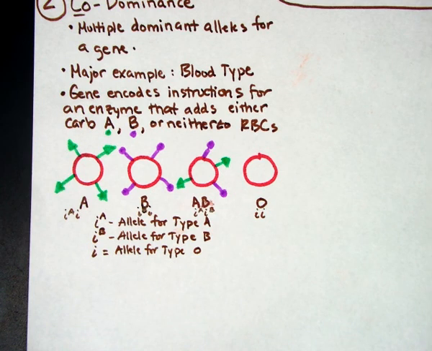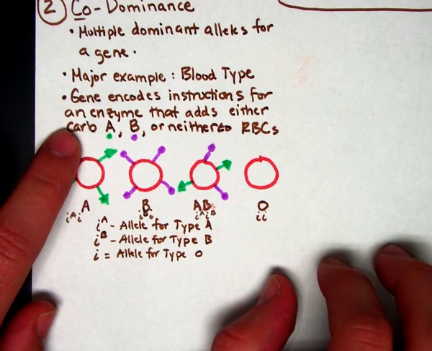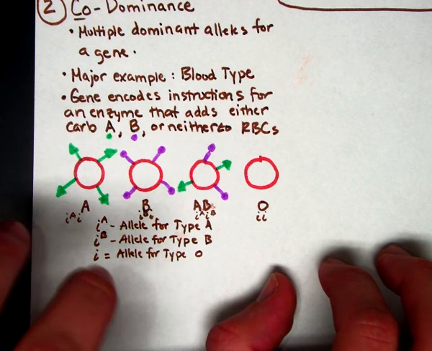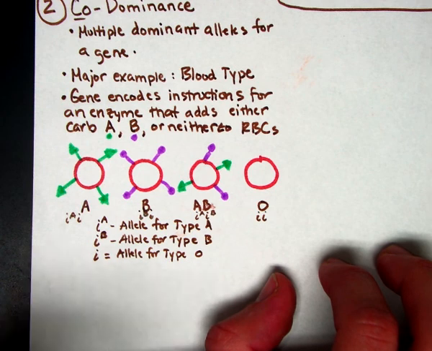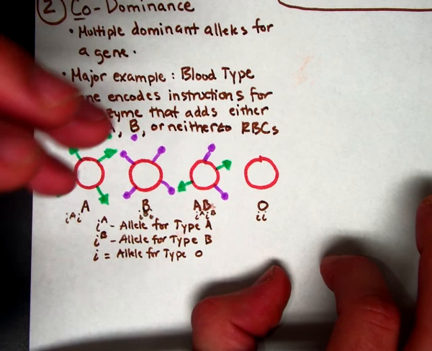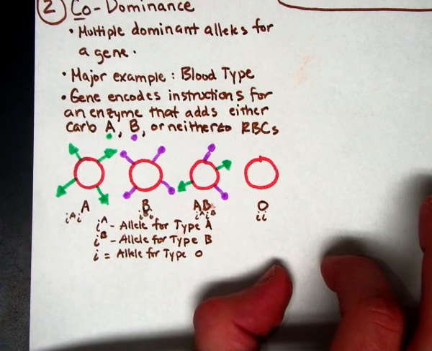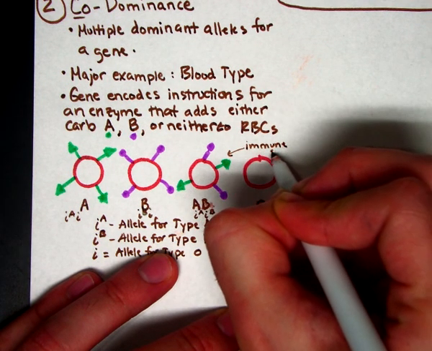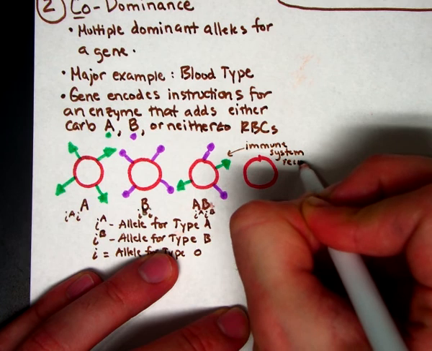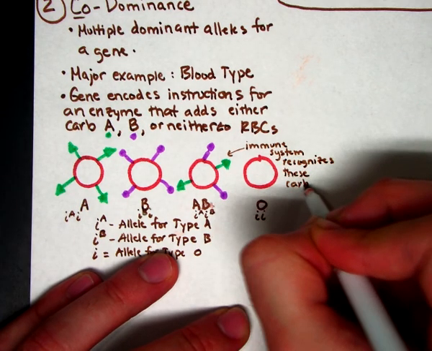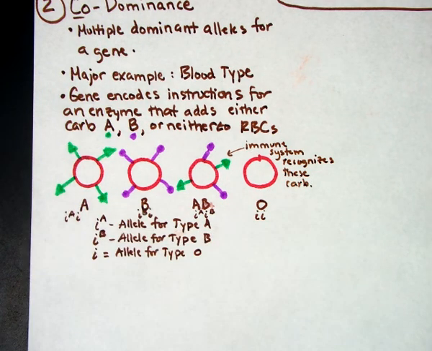its job is to recognize those carbohydrates. Do you remember right before break, we talked about juxtacrine signaling and how the immune cells will get really close to a cell and sense if it's from that person or something foreign? It's how blood types work. The immune system recognizes these carbohydrates depending on what their blood type is.